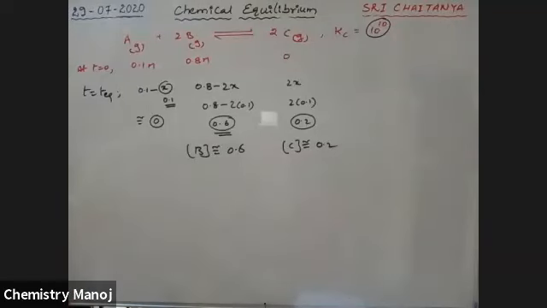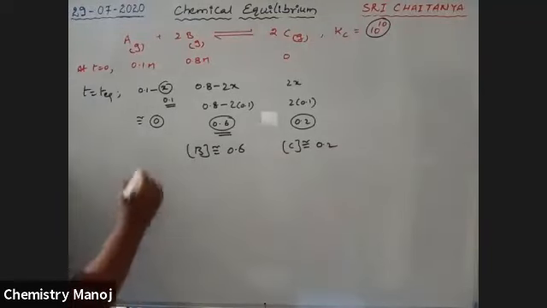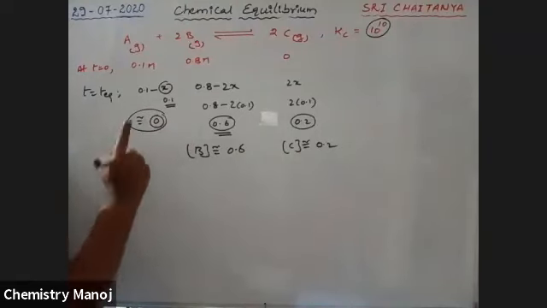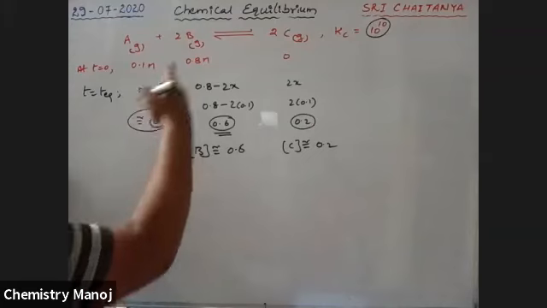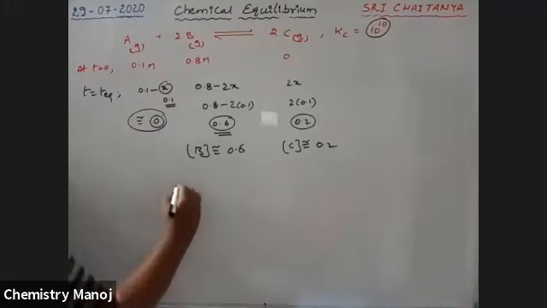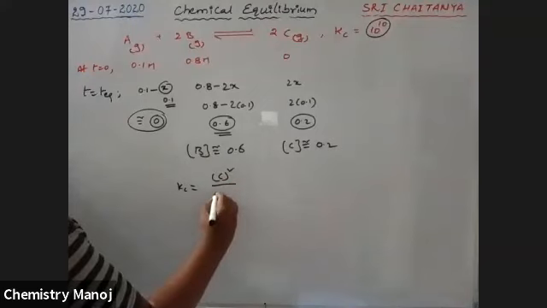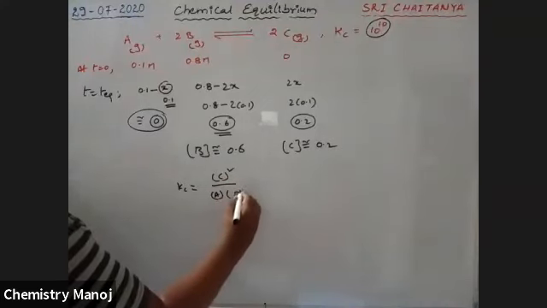Now apply the condition. Concentration of A is almost 0, not exactly 0. That is why I am using the equilibrium condition. Kc is equal to concentration of C whole square by concentration of A into concentration of B whole square.